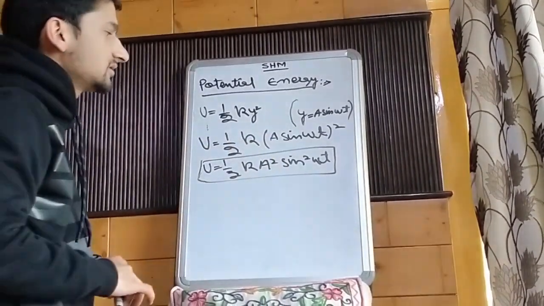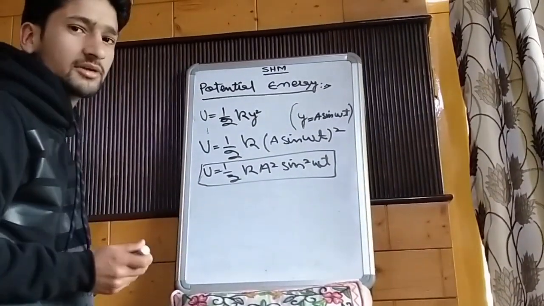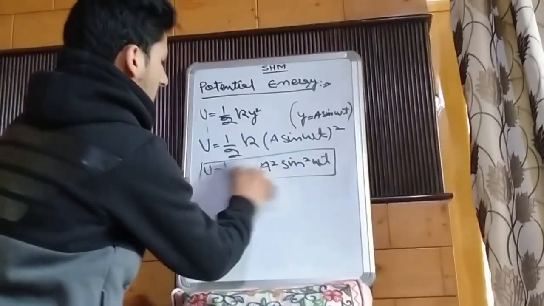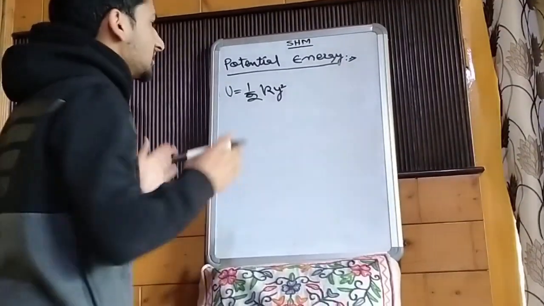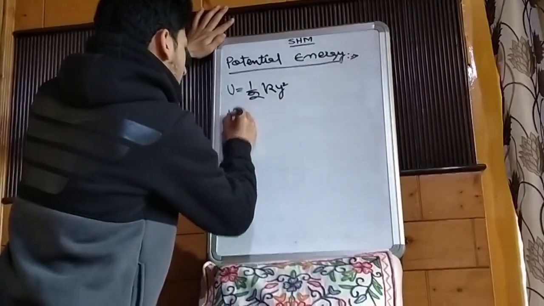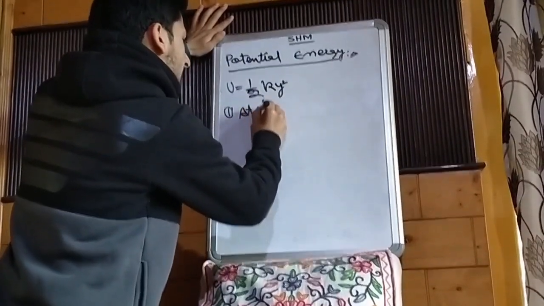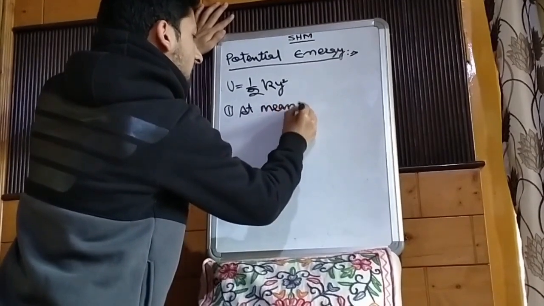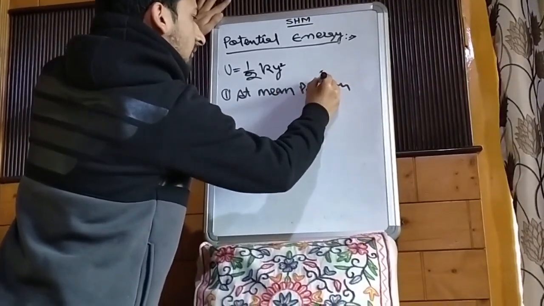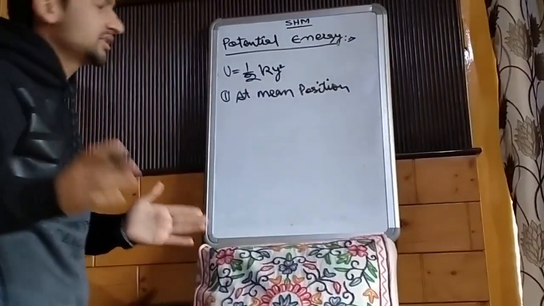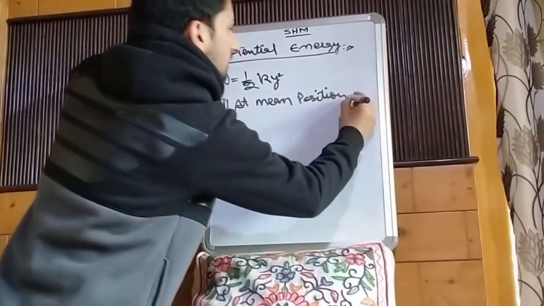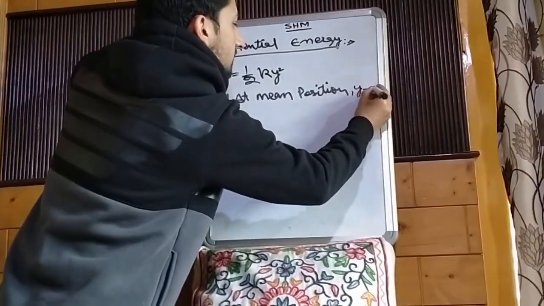Now let's try to find the maximum and minimum value of potential energy. Let's first calculate the potential energy of a particle at the mean position. Mean position means we have to take y equal to 0, displacement equal to 0.